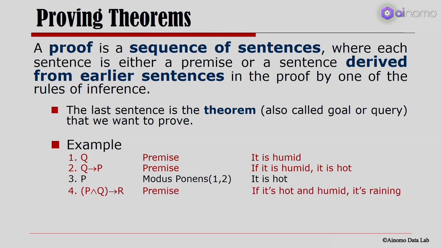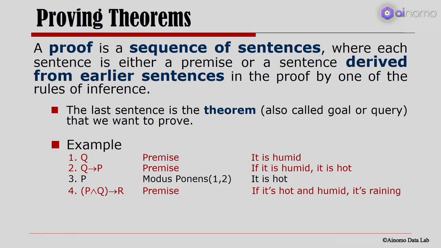Next, I am told that if it is hot and humid, it's raining, so that's a premise that I know. Now, given this scenario, I can use 3 here and 1 here to do an AND introduction and get to P and Q. So I know it is hot and humid.